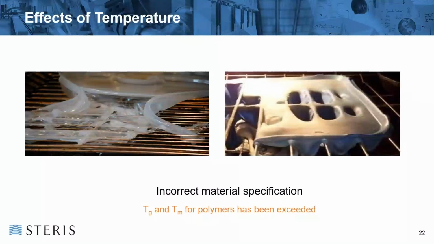So these photos here, again, this customer did not take into consideration these temperatures on their material. They aged their product at a temperature that was above both the glass transition temperature and the melt temperature for the polymers in their product. And basically their product and the packaging was completely melted and destroyed.